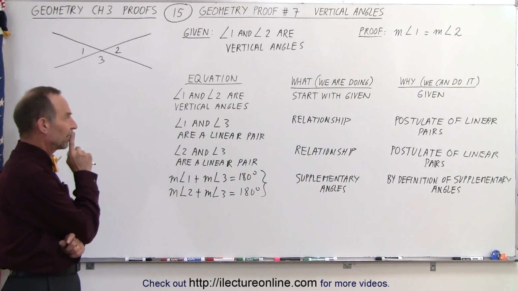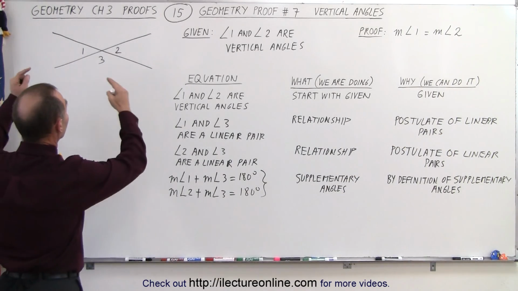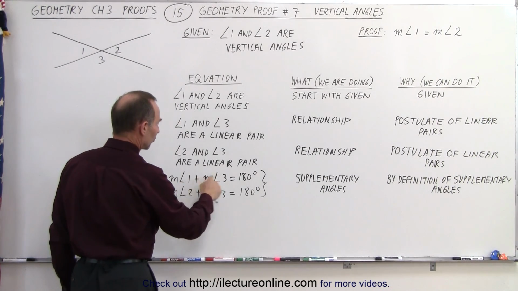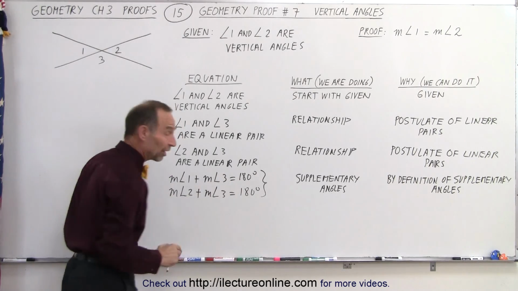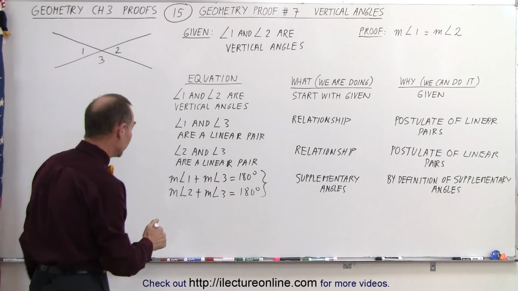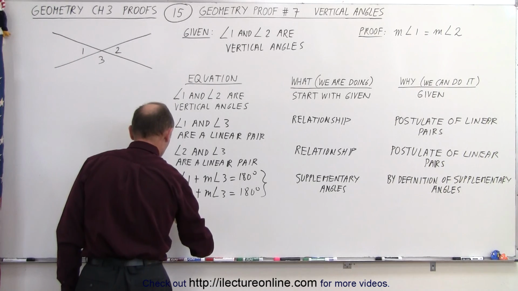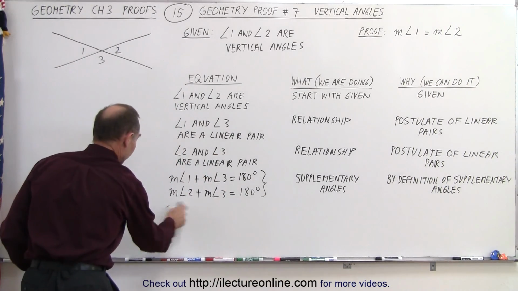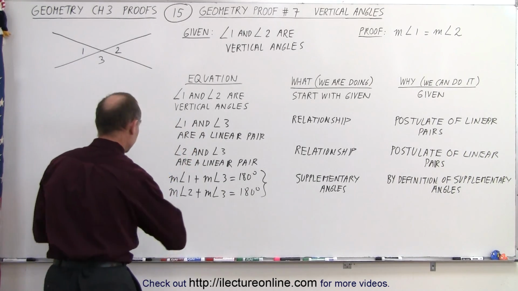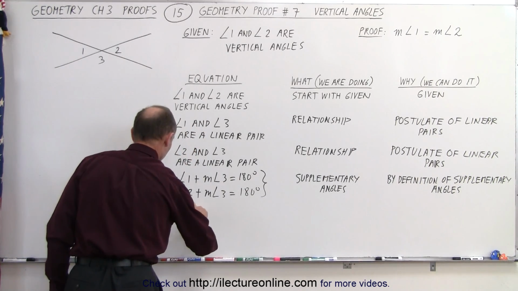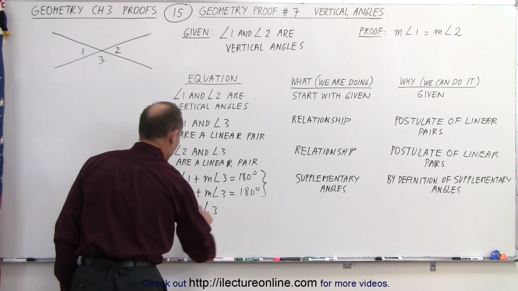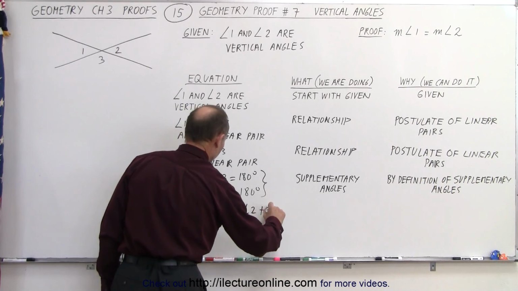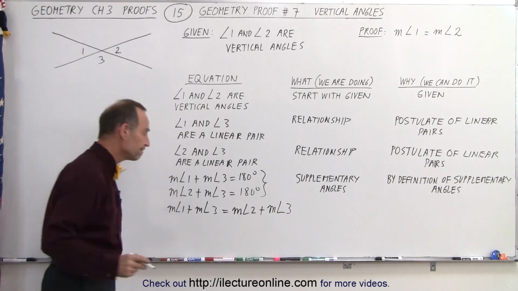Next, we're still trying to prove that vertical angles have the same measure. Notice, if the sum of these two measures adds up to 180 and the sum of these two measures adds up to 180, I can now equate those to one another. So I can say that the measure of angle 1 plus the measure of angle 3 equals the measure of angle 2 plus the measure of angle 3.